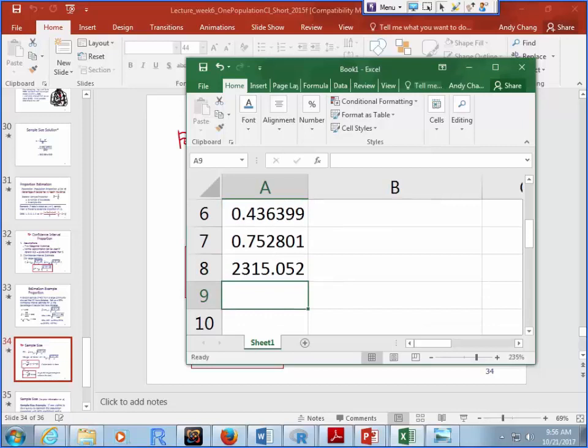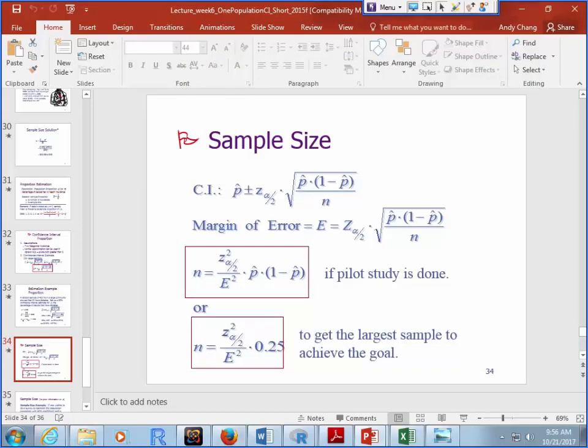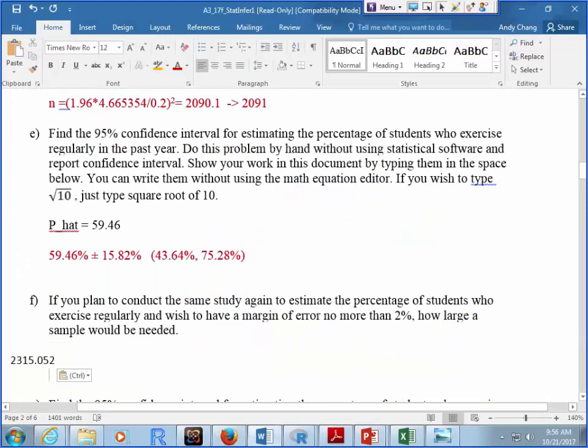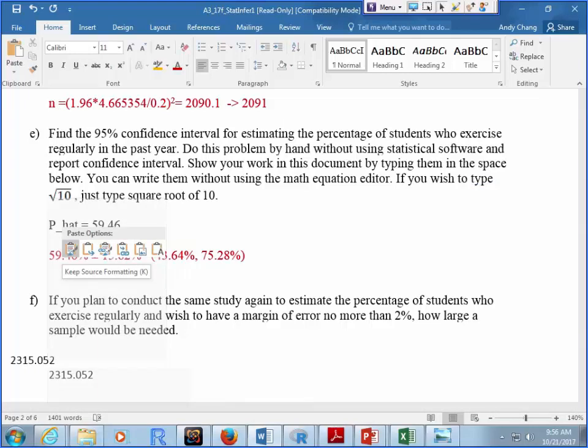So you get a still very large number, 2315. Let me copy the formula.